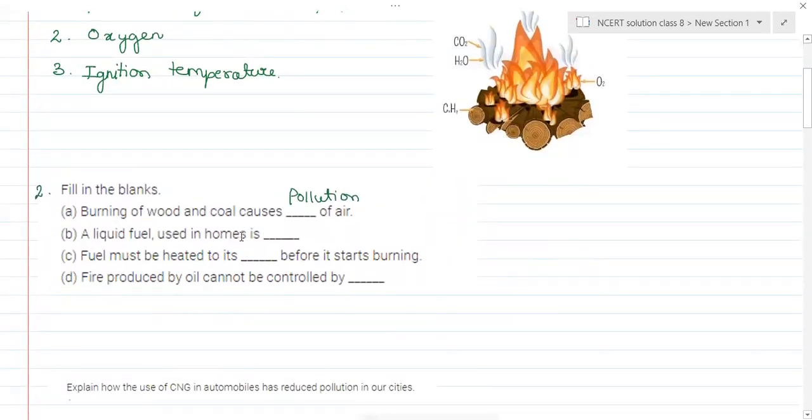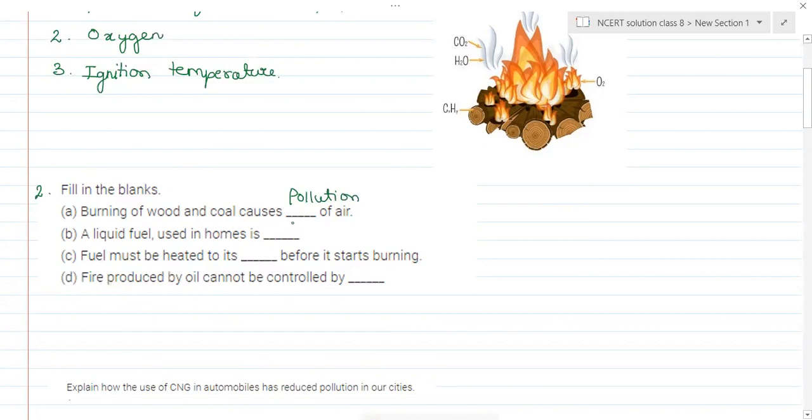Now, second is a fill in the blanks. Burning of wood and coal causes pollution of air. That's a very simple one. The tricky one is the second one, the B option. A liquid fuel used in home is. Now, all of us are tempted to write LPG at the very first instance, but LPG is a gaseous fuel transported as a liquid.